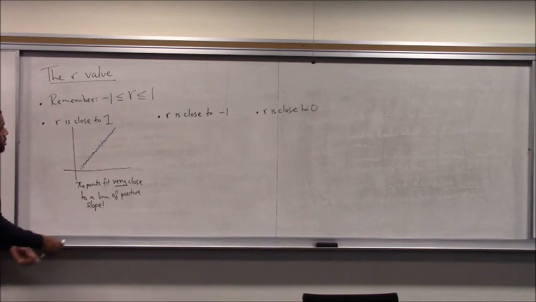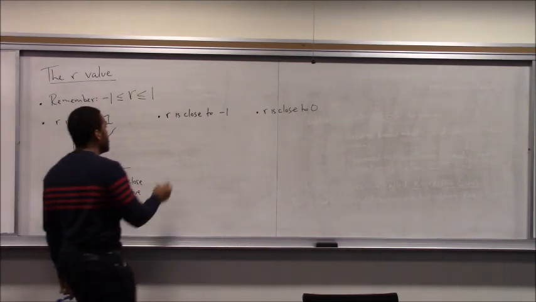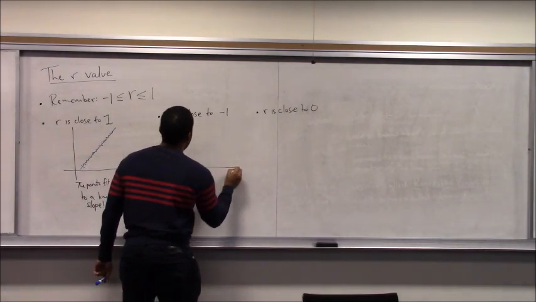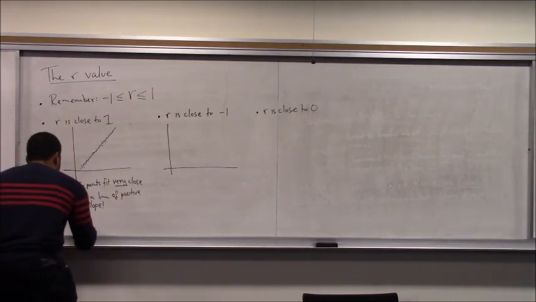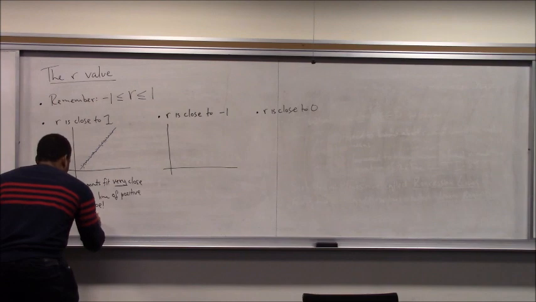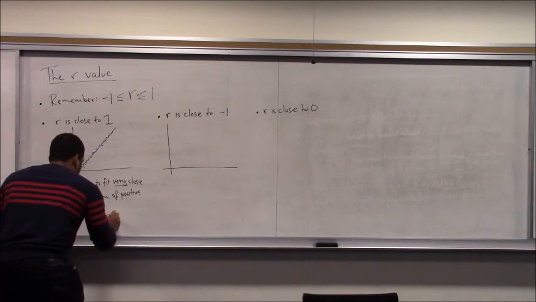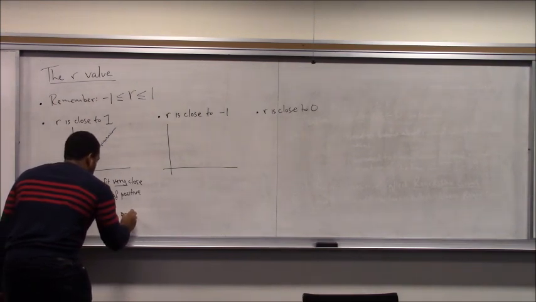Now, close to -1 means a very strong negative correlation.